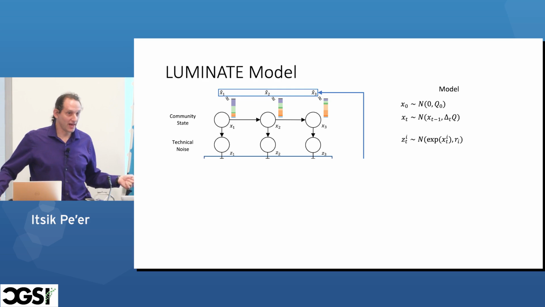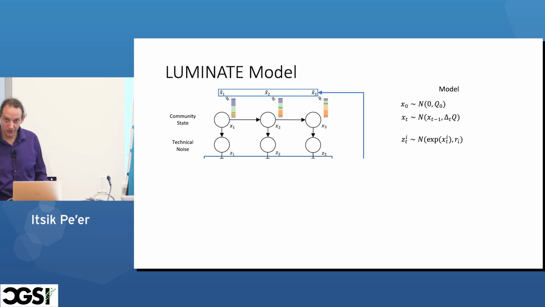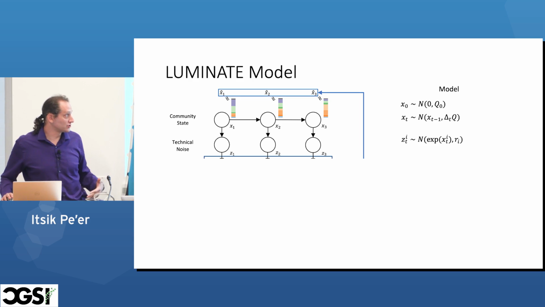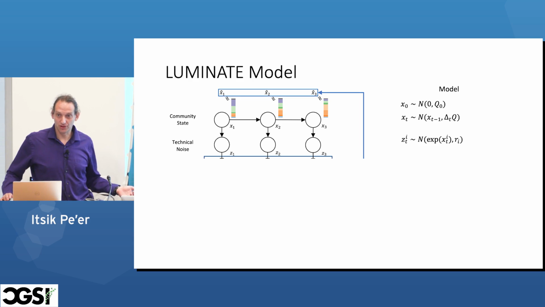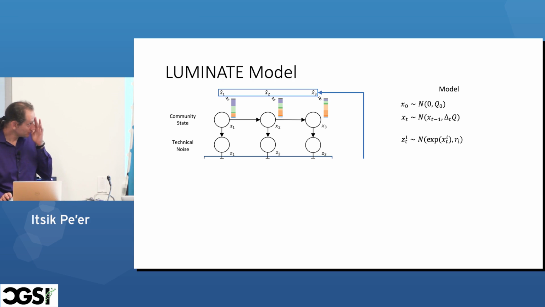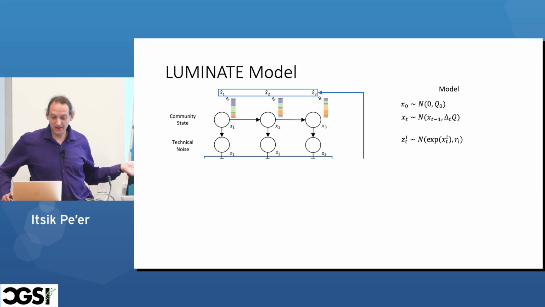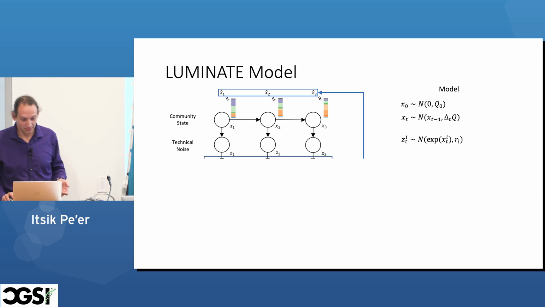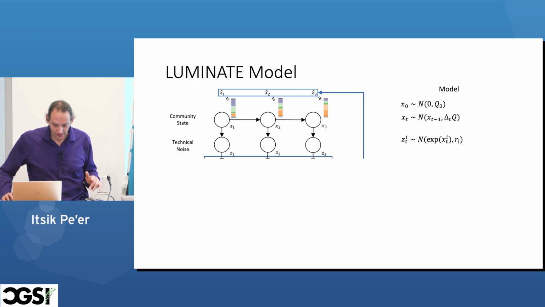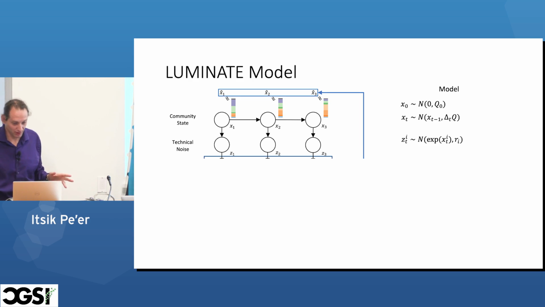So the actual frequencies are more related to these states exponentiated, with an additional Gaussian noise on top of them. We don't observe these directly. We actually observe reads that are sampled from these frequencies.